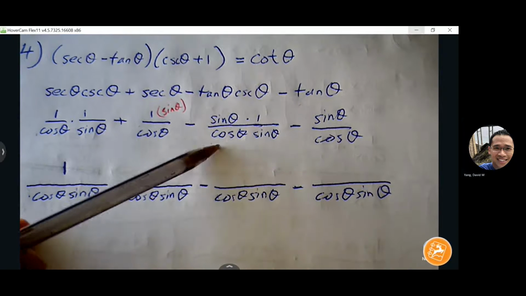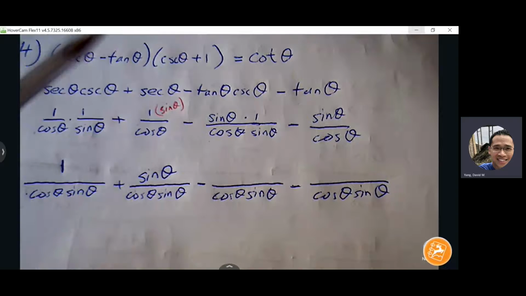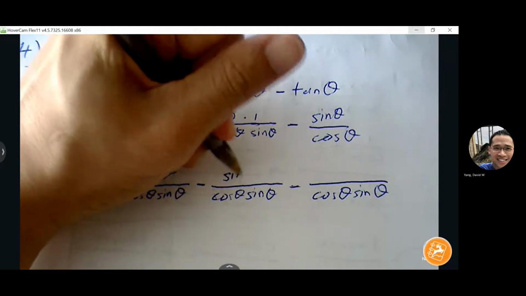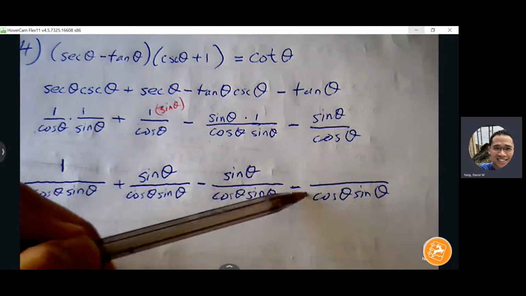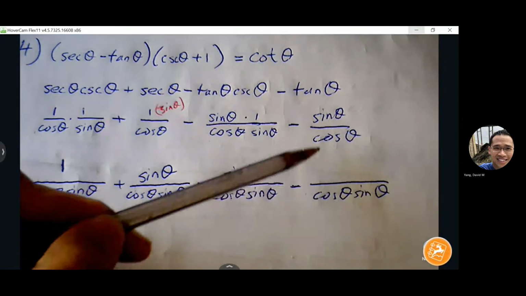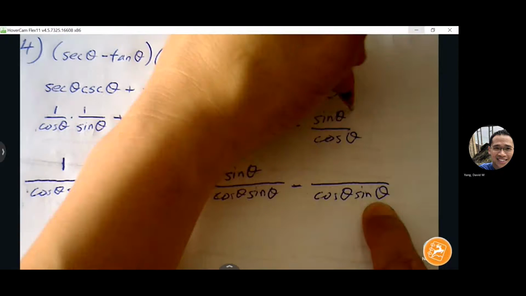Any changes? No, so just bring down sine. Any adjustment needed? Cosine. Oh wait, sine, right?